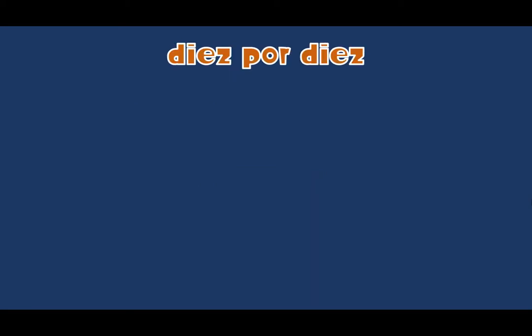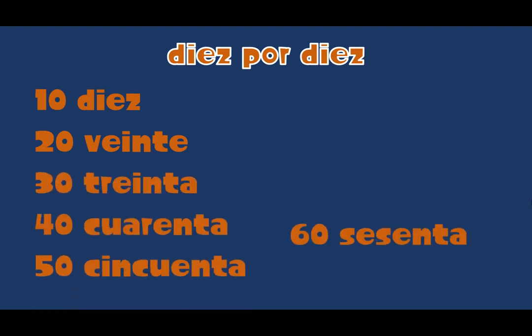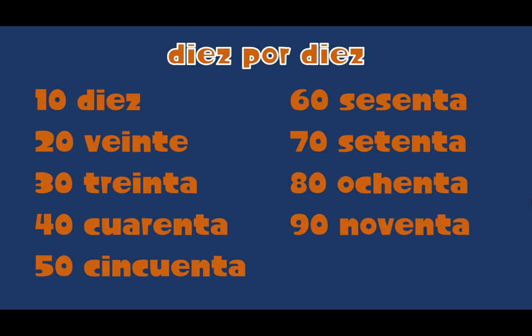The next thing we want to practice is learning our base 10 numbers. We need the base 10 numbers to count all the way up to 100. So let's practice 10 por 10, or as you say in English, 10 by 10. 10, 20, 30, 40, 50, 60, 70, 80, 90, 100.